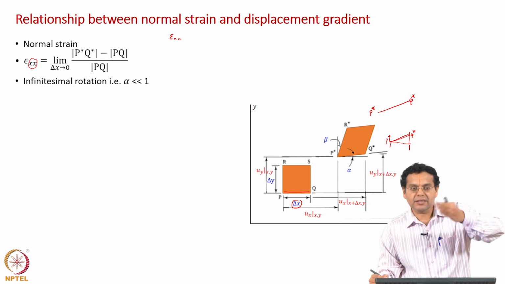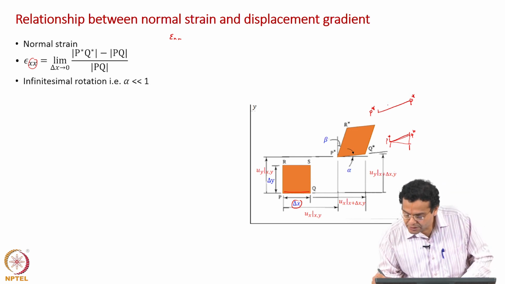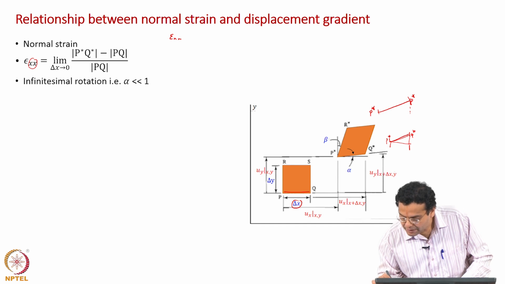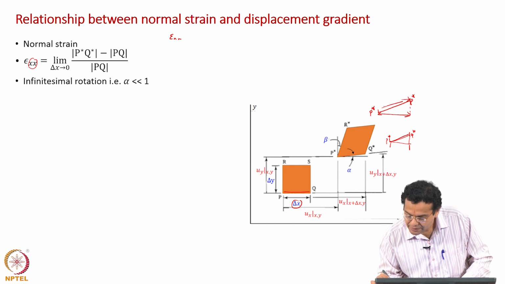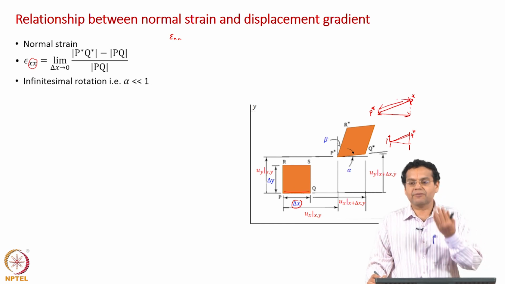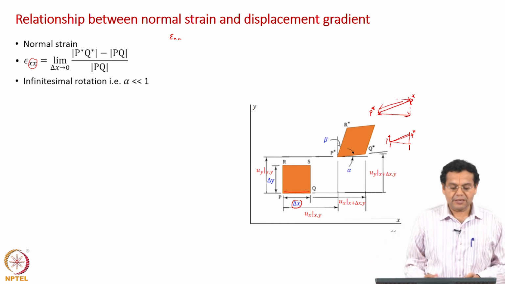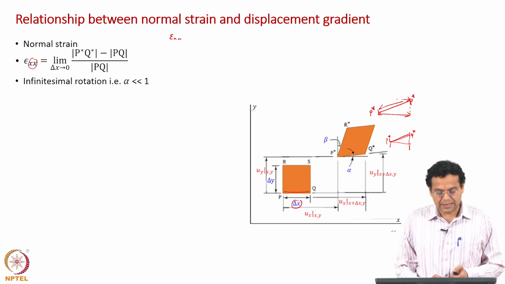Because the rotation is very small, I am not going to take this actual length, but I will project Q star and consider only this projected length as the same as the actual length, which is very much valid when alpha is very small. That is the assumption: infinitesimal rotation, that is alpha much less than 1.